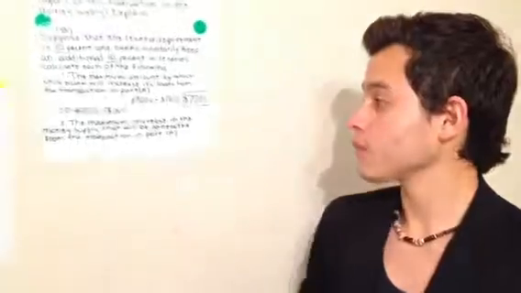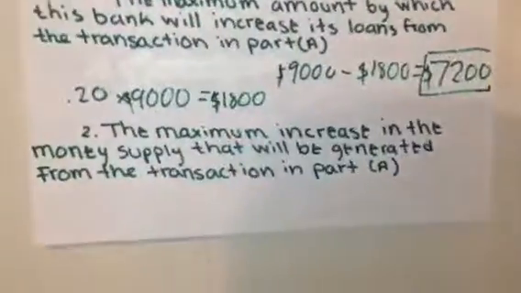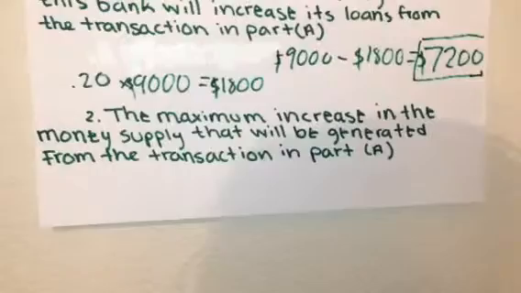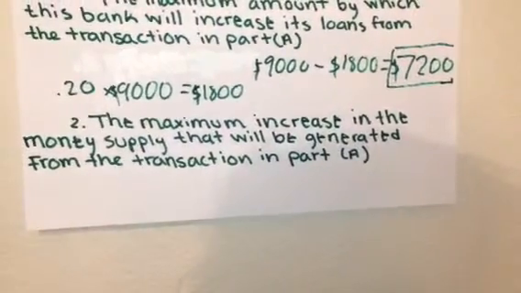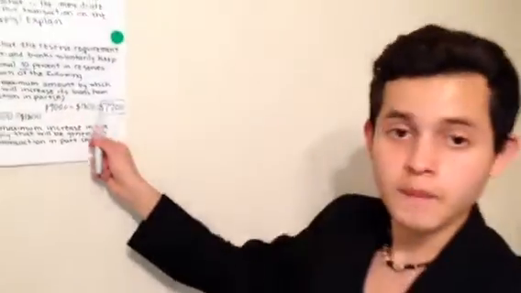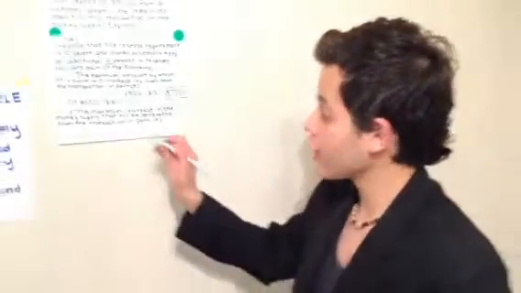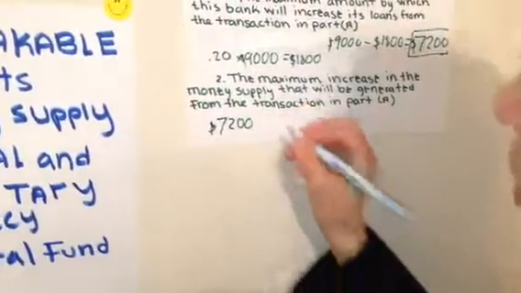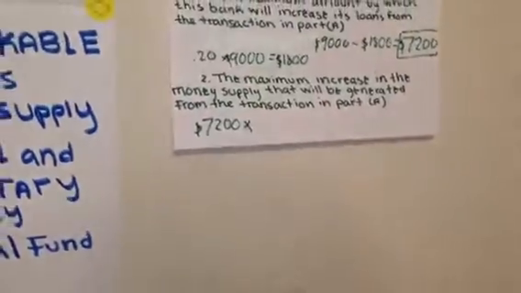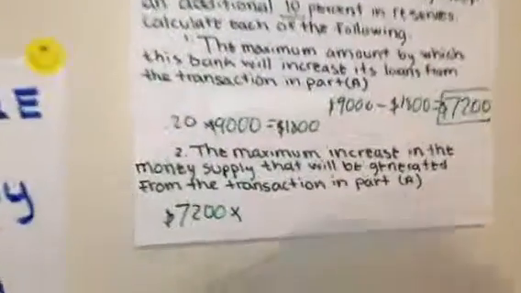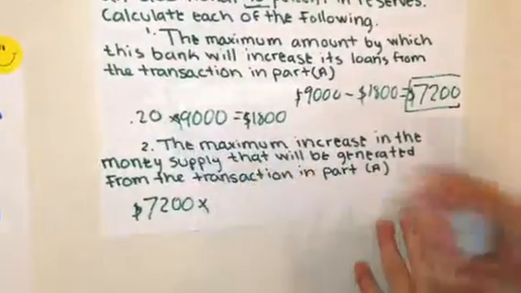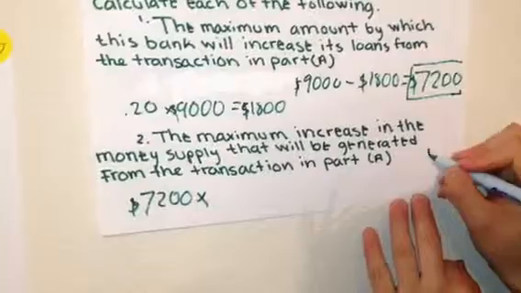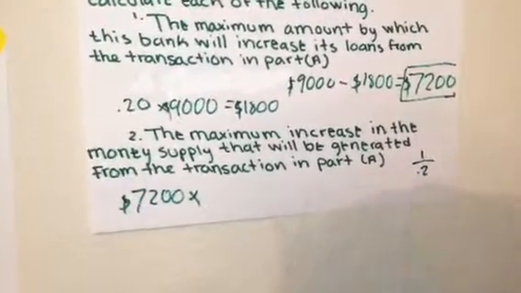Now in the second one, when it asks about the maximum amount the money supply will be increased by from the transaction, now that we know how much is in the excess reserves, we're going to multiply that times the money multiplier. To find the money multiplier, you need to get the reserve percent and put it over 1.